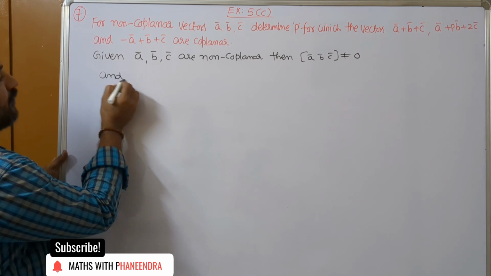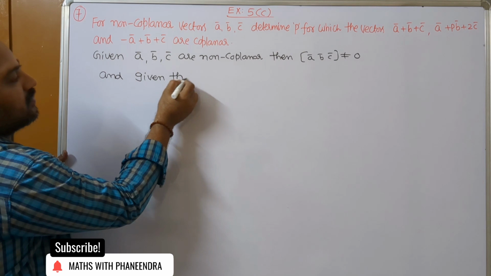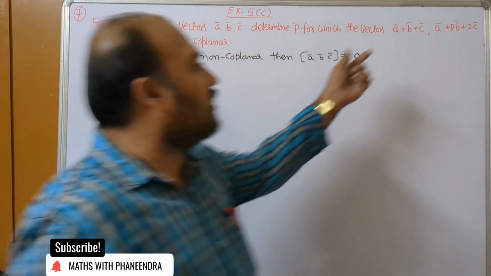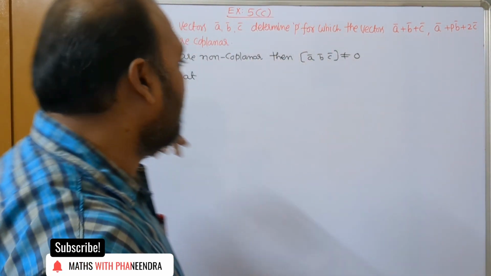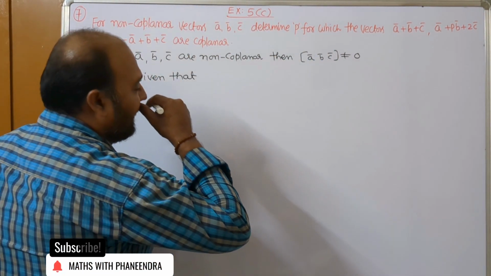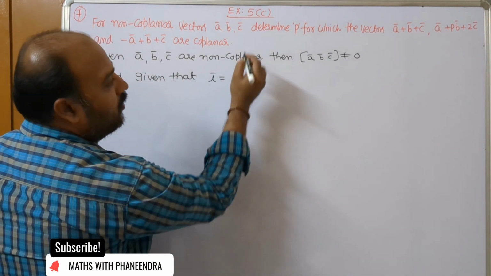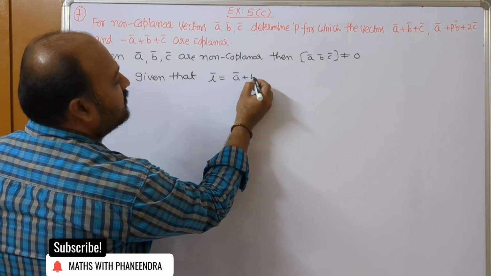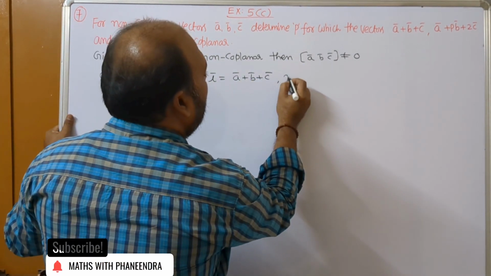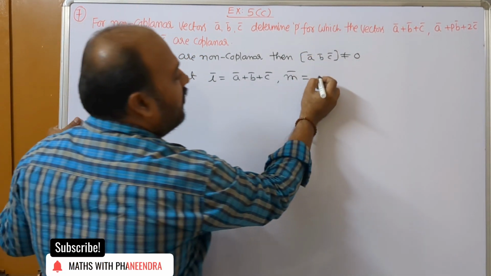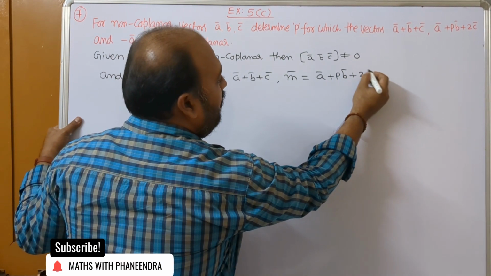And given that, one vector is given here. Small letters I am taking. l bar equal to a bar plus b bar plus c bar. m bar equal to a bar plus p b bar plus 2c bar.